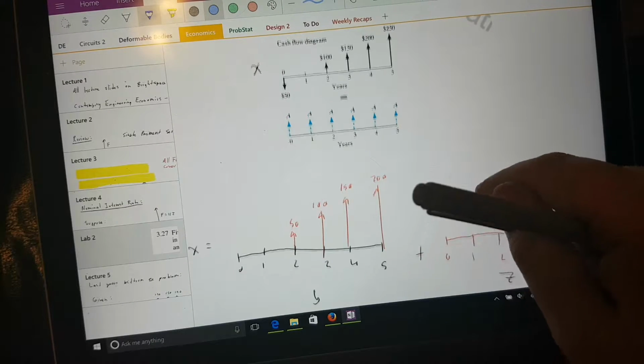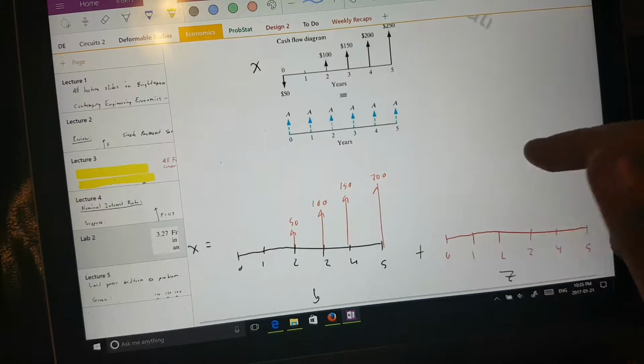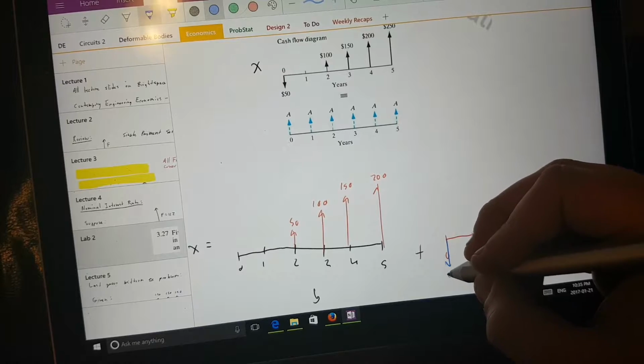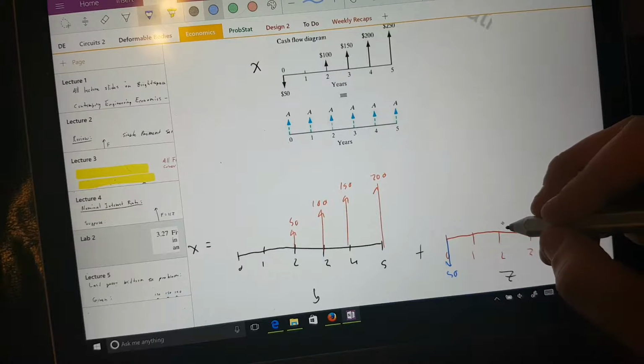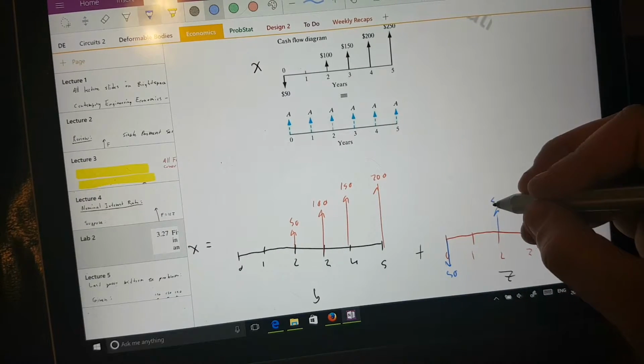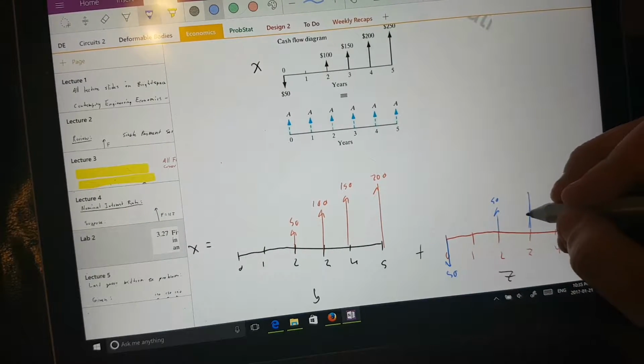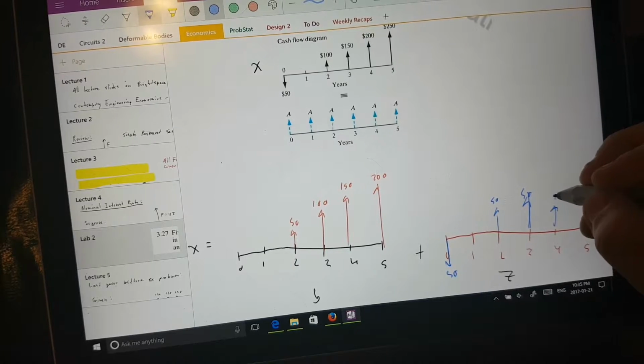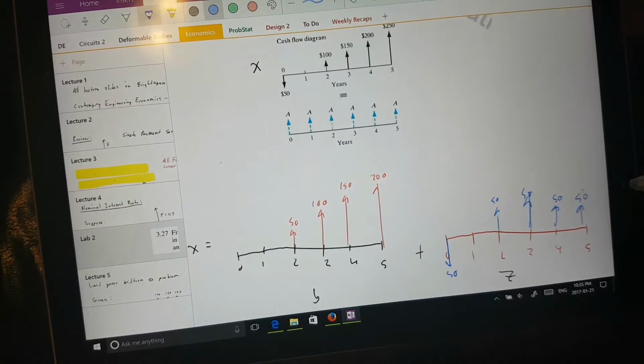I don't know why that turned red because I had it highlighted. So then I've got 50, and then I've got what, year 2. So I got 50, 50, 50, 50.